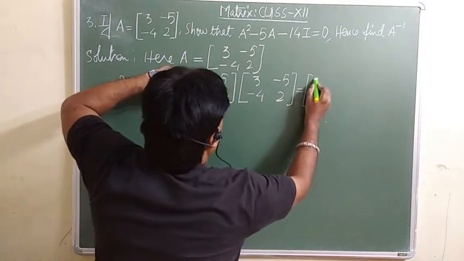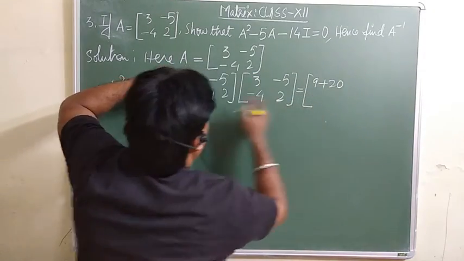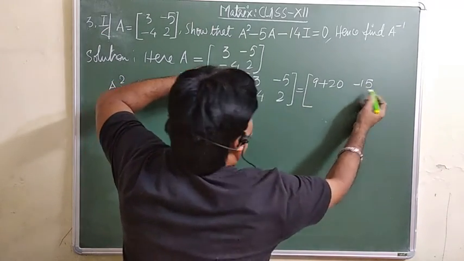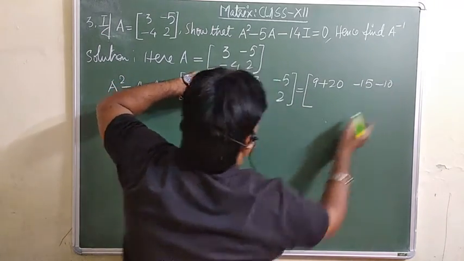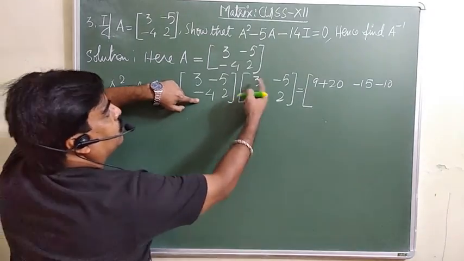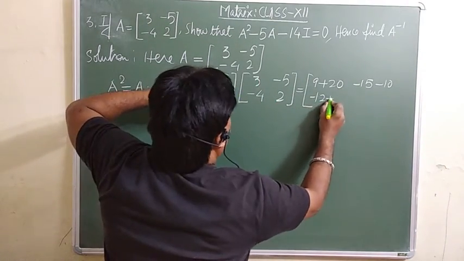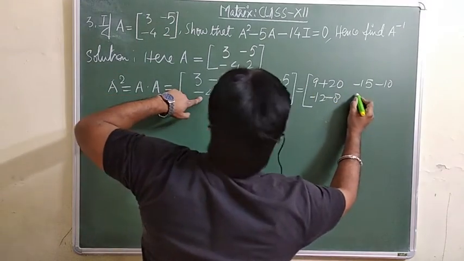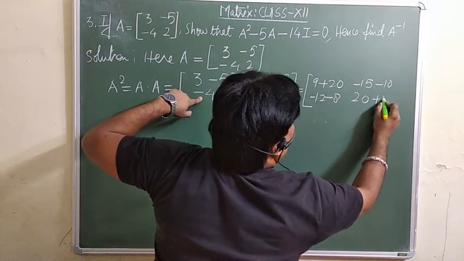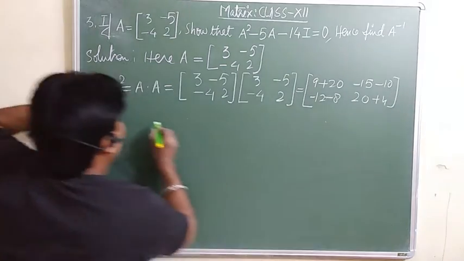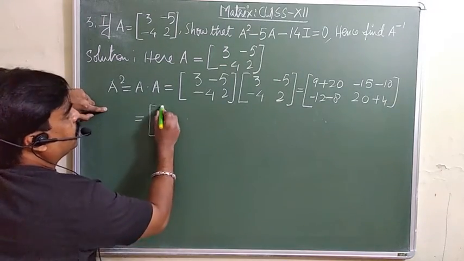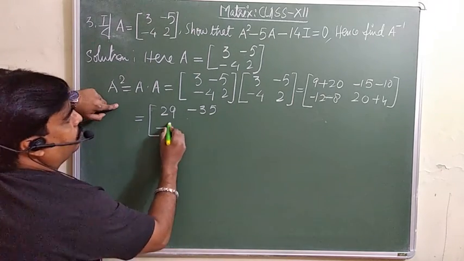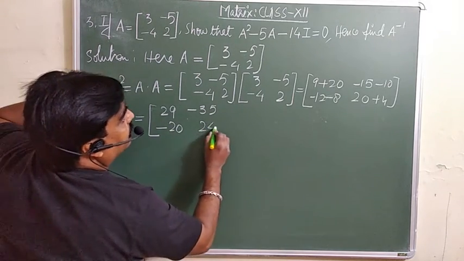So 3 into 3 is 9 plus 20. 3 into minus 5 is minus 15, minus 5 into 2 is minus 10. Minus 4 into 3 is minus 12 minus 8, and minus 4 into minus 5 is plus 20 plus 4. So you are getting 29, minus 35, minus 20 and 24.